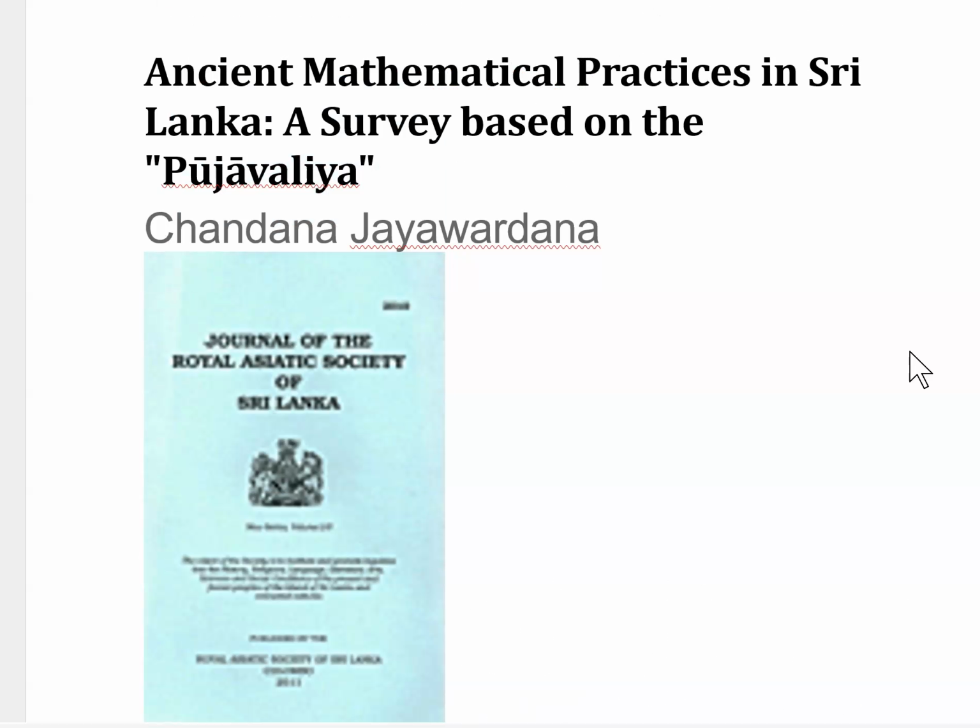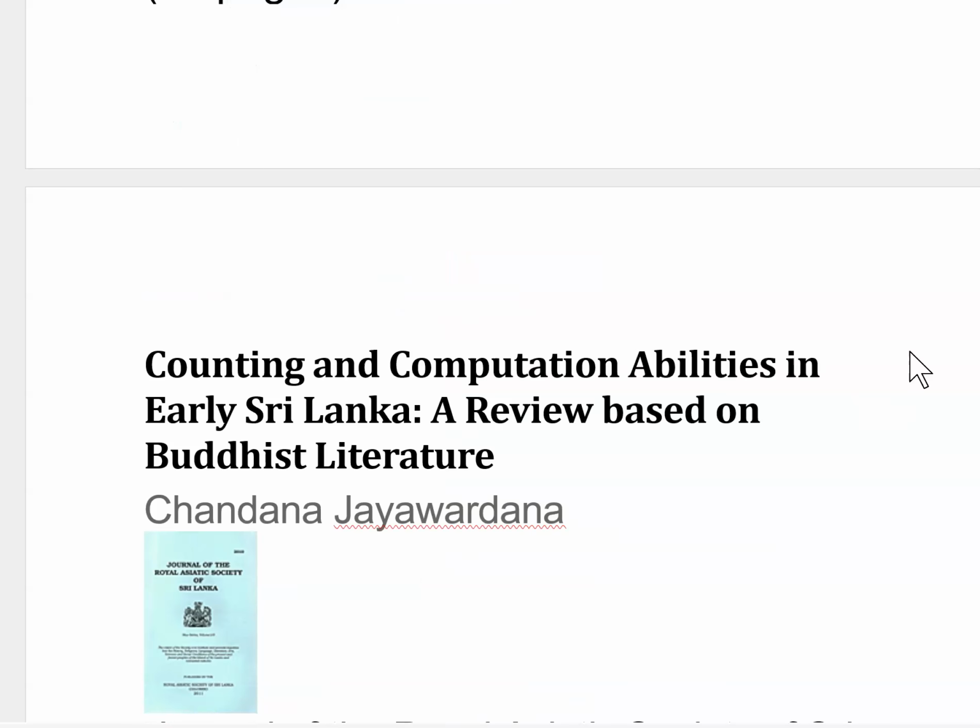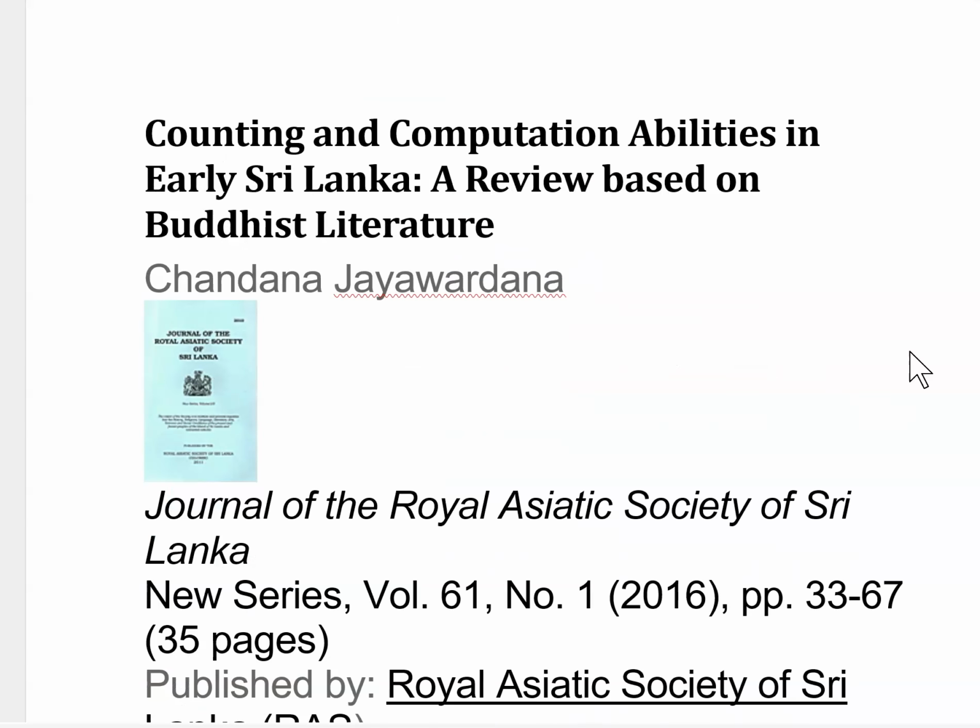So this paper is Ancient Mathematical Practices in Sri Lanka, a survey based on the Pujavaliya by Chandana Jayawardena. And then there's another paper I found, Counting and Computation Abilities in Early Sri Lanka, a review based on Buddhist literature by the same author.